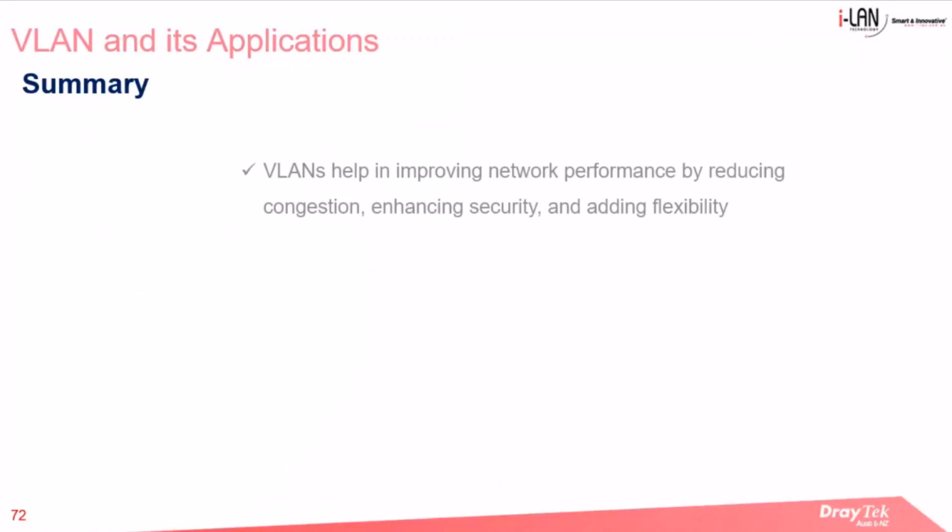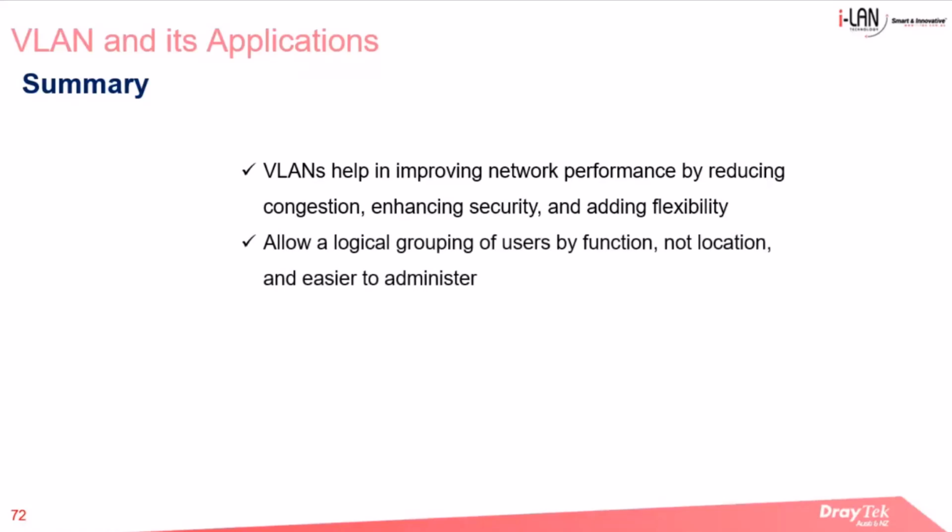So in today's session, we learned that VLANs help to improve network performance by reducing congestion, enhancing security, and adding flexibility. VLANs allow a logical grouping of users by function rather than location. They make it easier to administer the network.